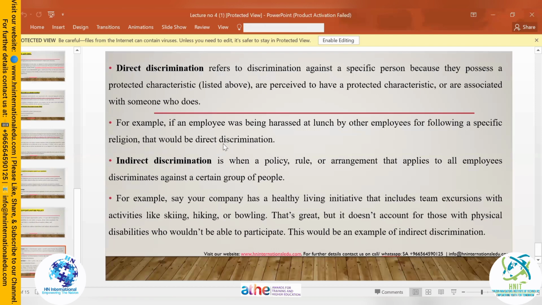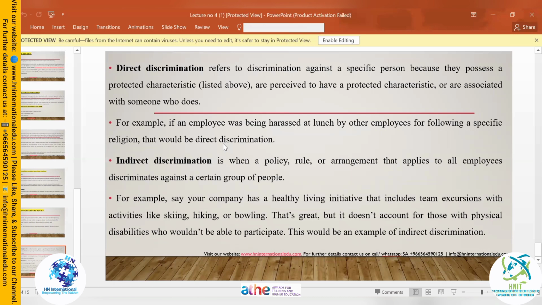For example, you are discriminating against someone on the basis of their religion, race, skin color, family background, or education background. So this is direct discrimination in which you point out others on their physical characteristics, for their appearance.